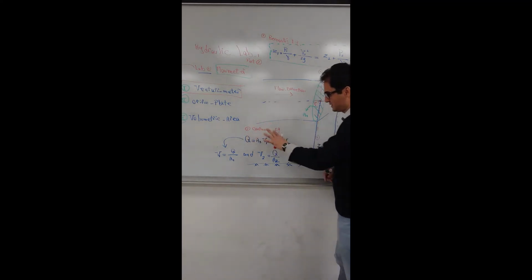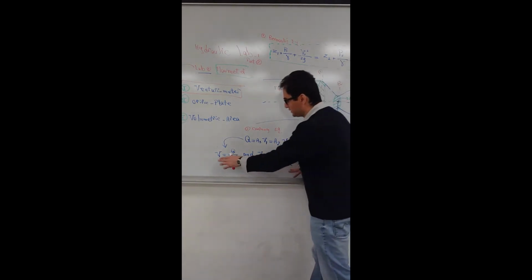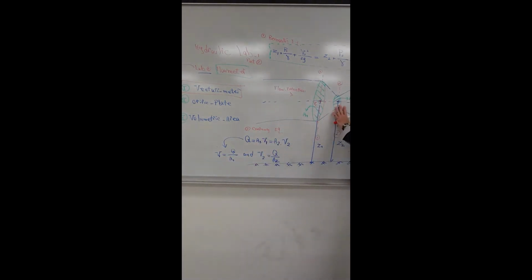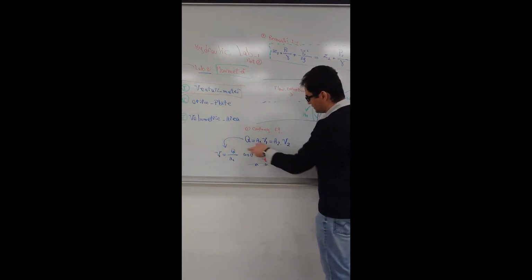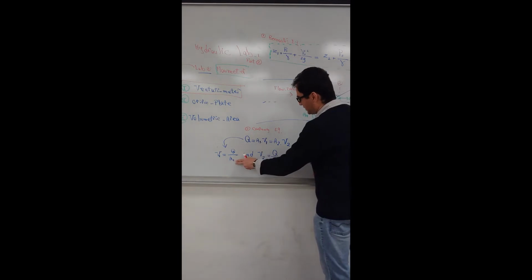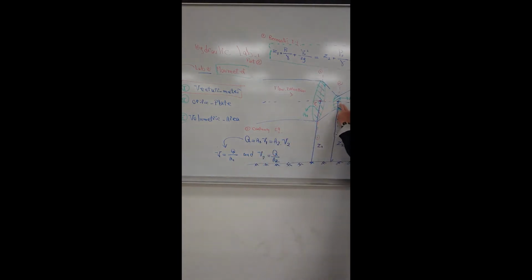So discharge remains the same, but velocity for different cross-sectional areas changes. So V1 is the discharge divided by area 1, and velocity of cross-section 2 would be the same discharge divided by A2.